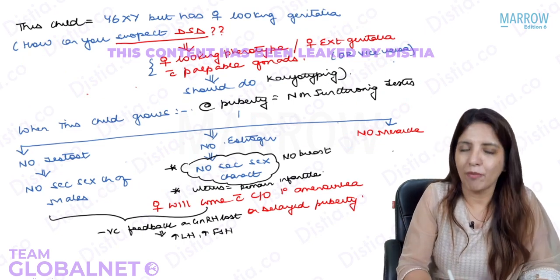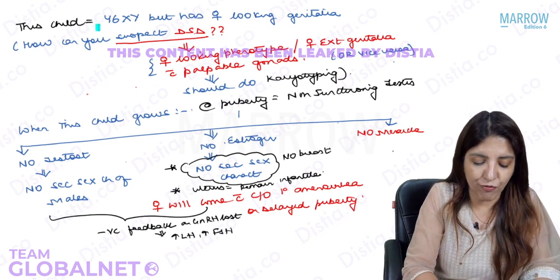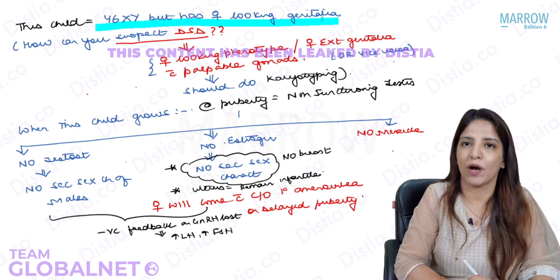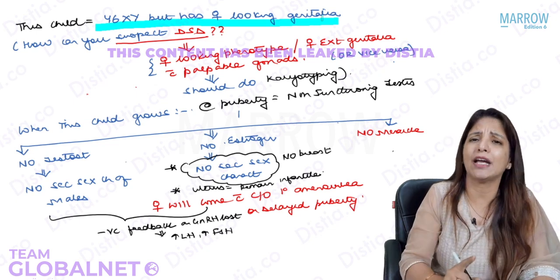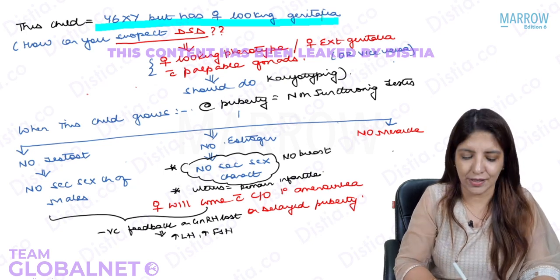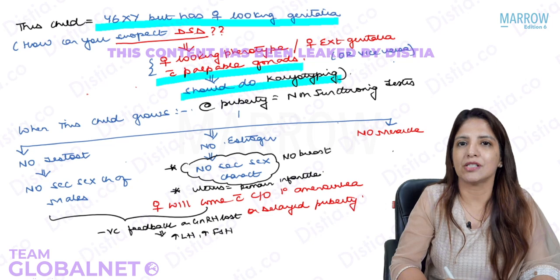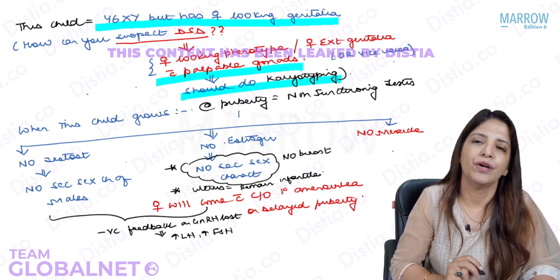So now my question to you, which I asked you just now a few minutes back also, is that if there is a 46XY individual, but the genitalia are looking exactly like female, how do you suspect a DSD? You suspect a DSD because the gonads are palpable, right?